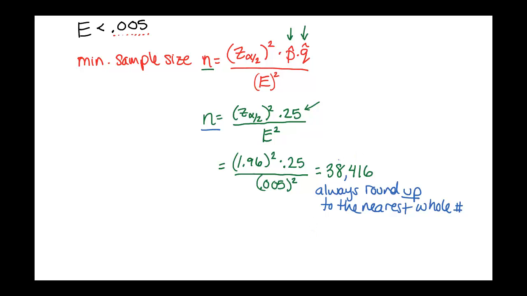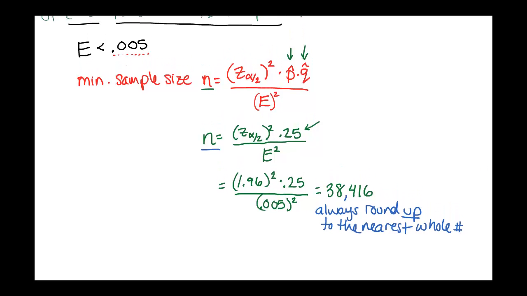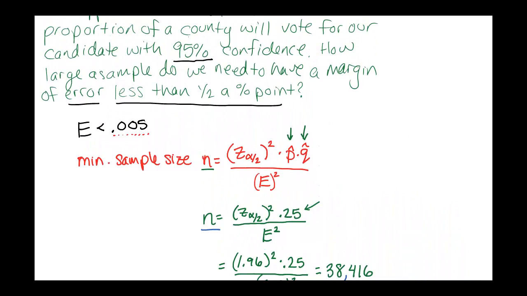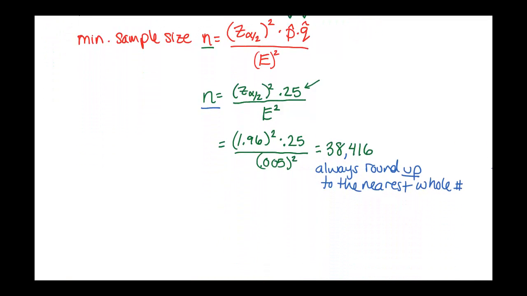Now this is a really large sample, and that's really just because the error that we want is really tiny here. So typically error on a lot of poll type questions is more like 3% error. So we could repeat this with different error values and find out how large of a sample size we would need. So this example was specifically for proportions.